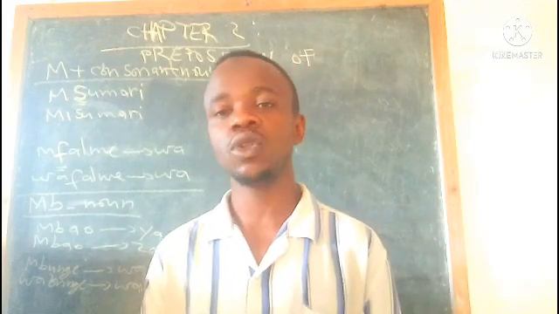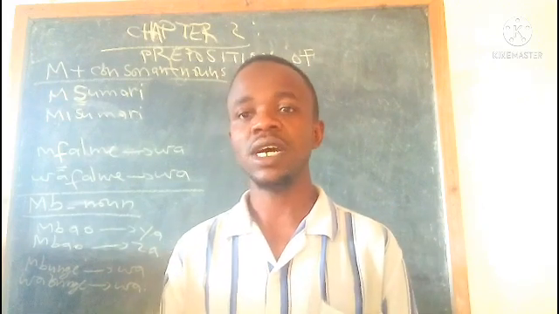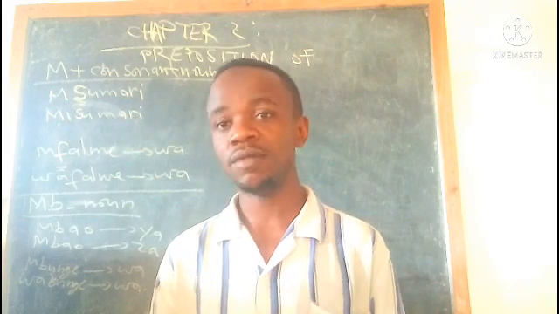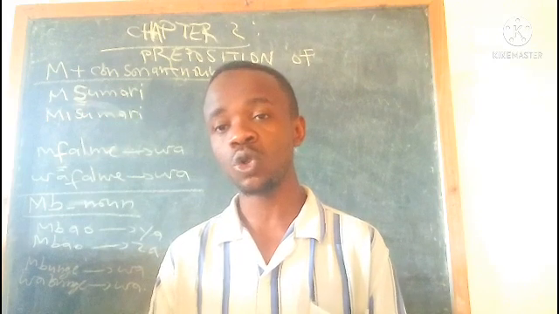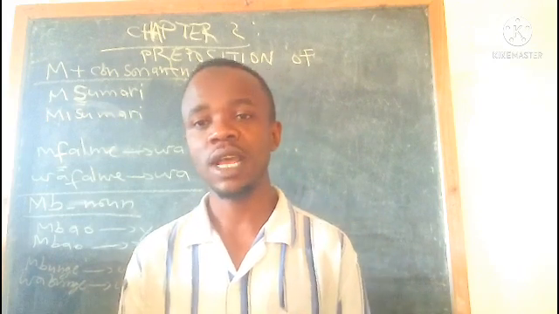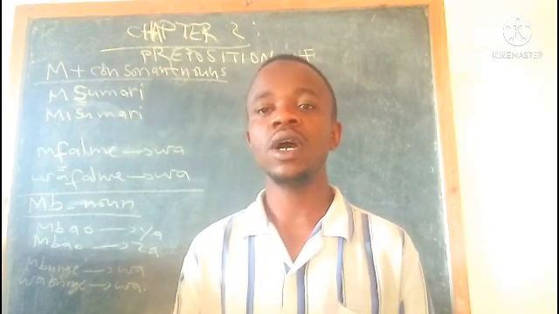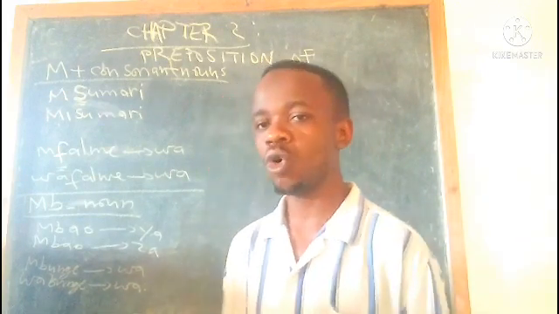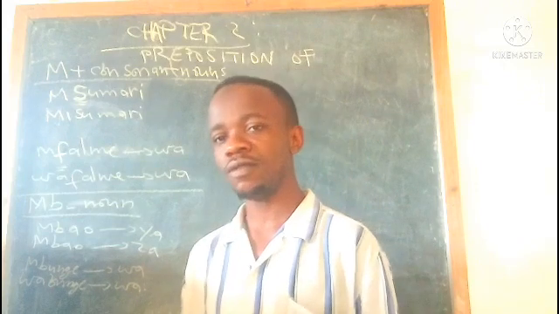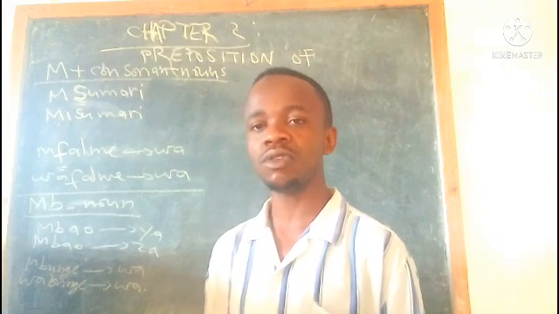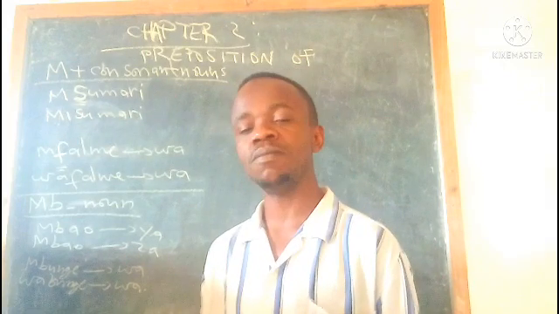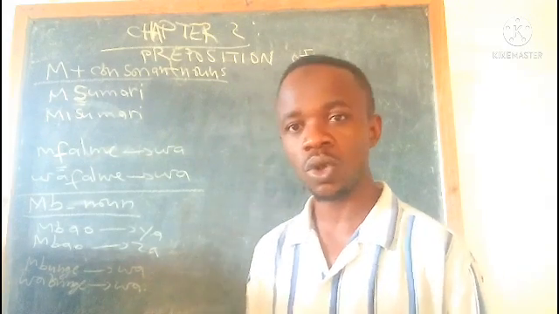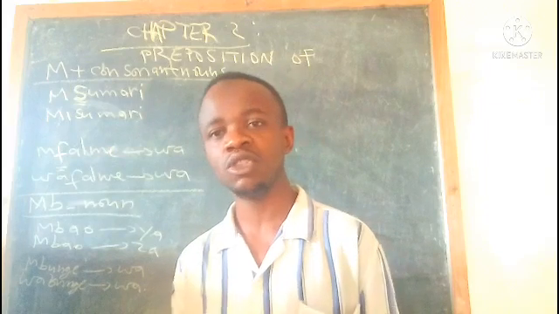So, ladies and gentlemen, I would like to conclude my chapter 2 by giving you a summary of what we have seen in this chapter. We started our project with singular and plural, studying what is called numbers, and how to take a noun from singular to plural.